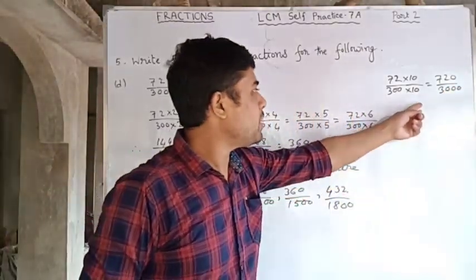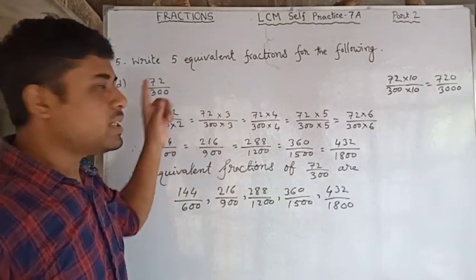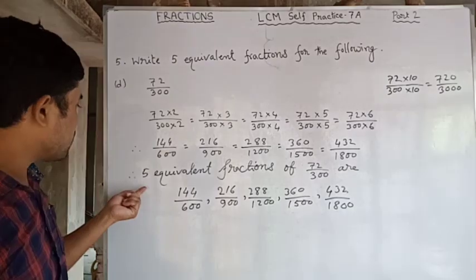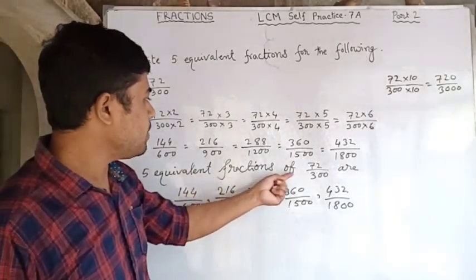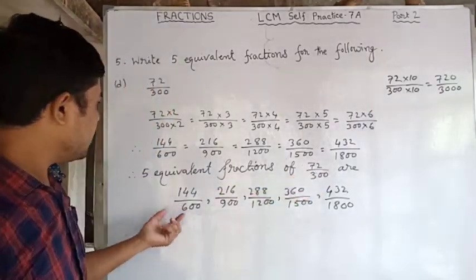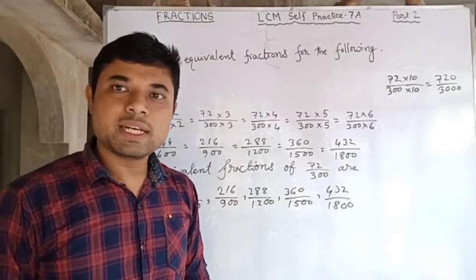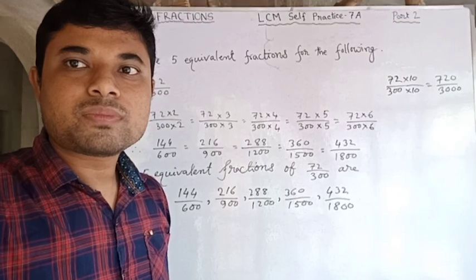This is also an equivalent fraction of 72/300. So take this, multiply, and then write the conclusion: 5 equivalent fractions of 72/300 are these, write using commas. Is it clear? Very good.